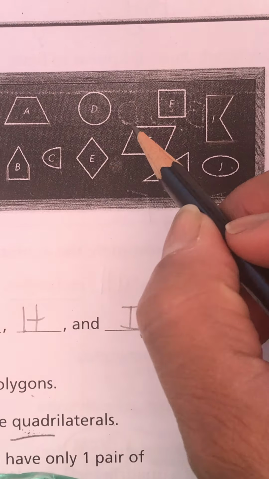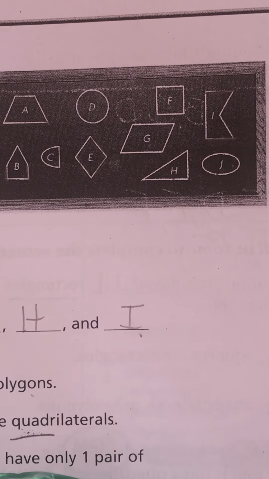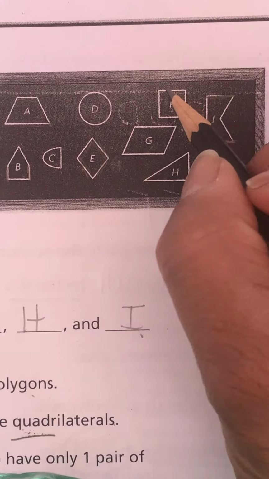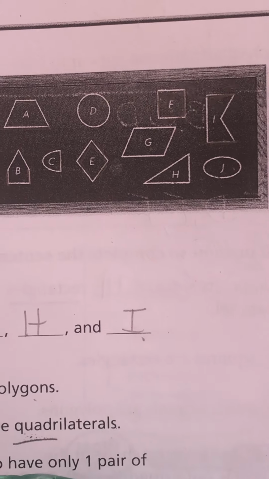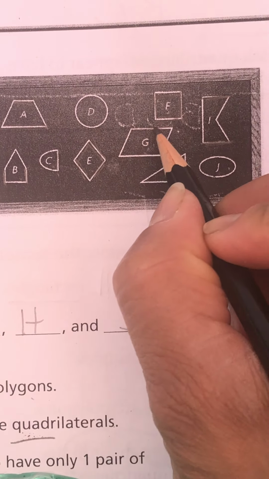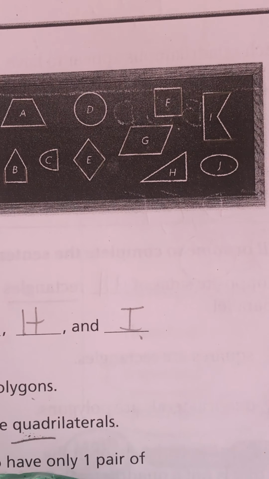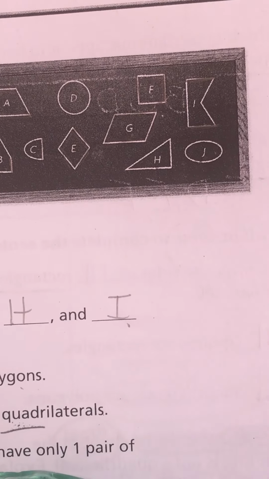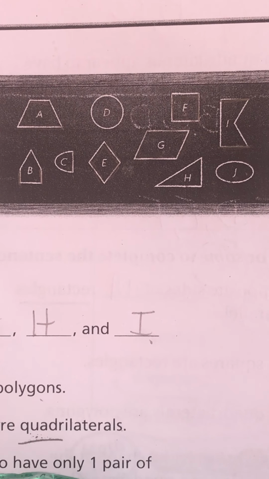E, yes, they have 2 pairs that are opposite and they're parallel. F, you have 2 pairs of opposite sides that are parallel. G, this side and this side is parallel. This side and this side is parallel. And that's it. So E, F, and G have 2 pairs of parallel sides.